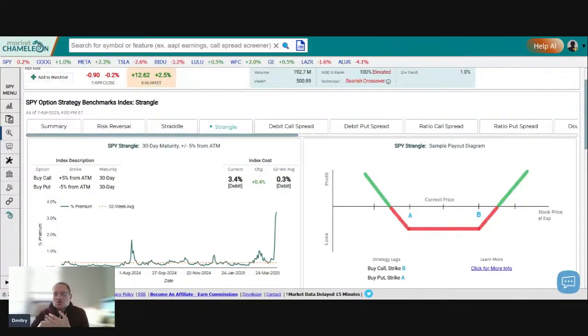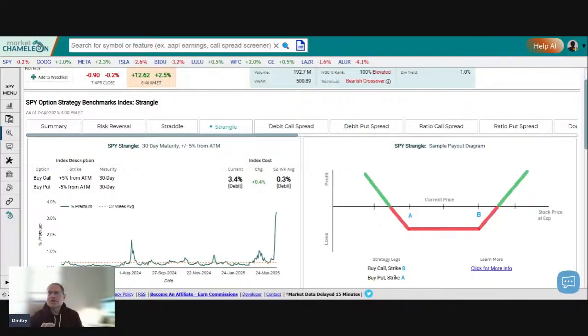So when we try to visualize or assess the cost of this strategy, we ask: what does a strangle cost right now, and what is it relative to its history? Is it on the high end? Is it on the low end?